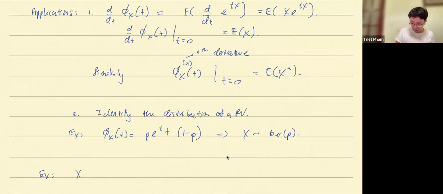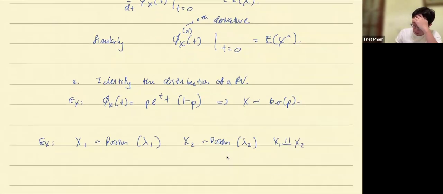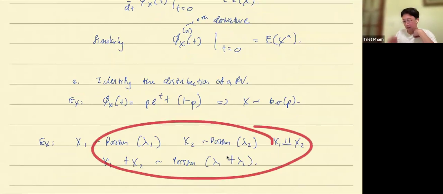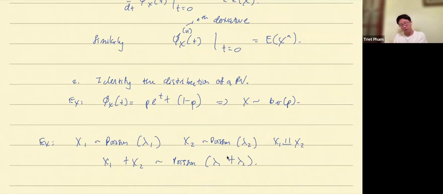If you have X1 being a Poisson lambda 1, X2 being Poisson lambda 2, and they're independent, then the sum will be Poisson lambda 1 plus lambda 2. So this result can be compactified as: the sum of independent Poissons is a Poisson random variable.